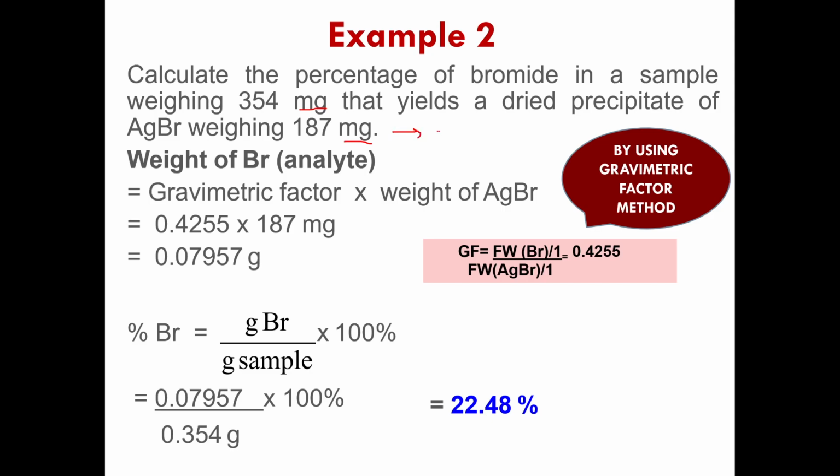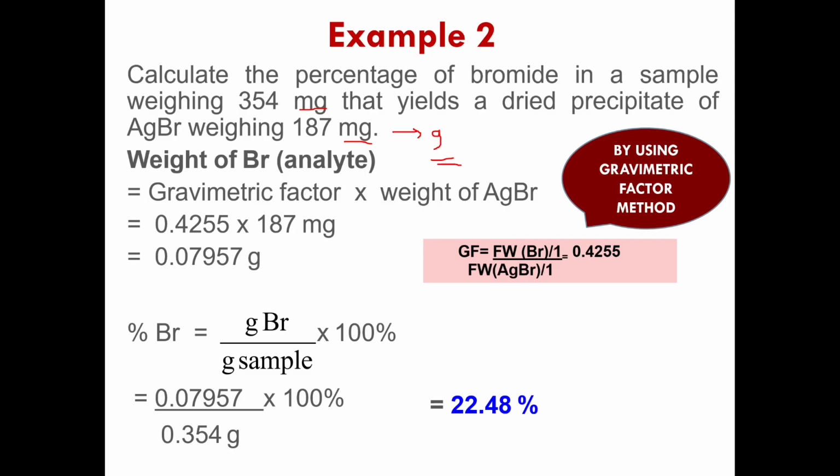State the precipitate, the formula for the precipitate, the formula for the analyte, the mass of precipitate, and you need to calculate the mass of analyte. By using the gravimetric factor, the gravimetric factor is the formula weight for Br.